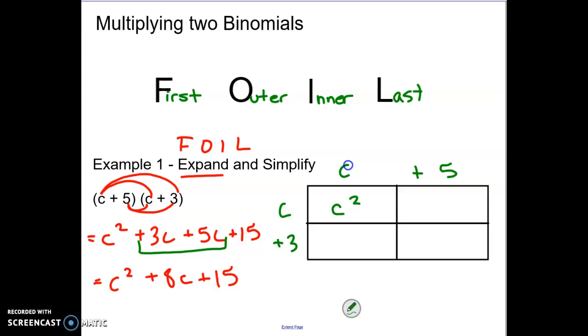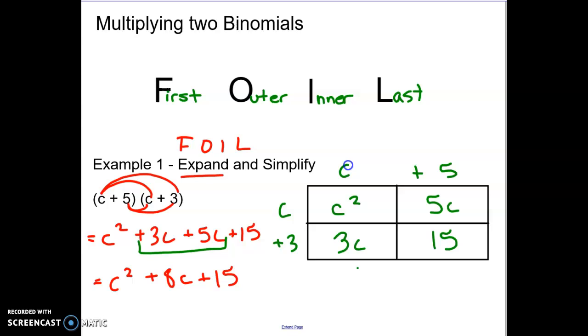The second box has a side length of 5 and a side length of c, so c times 5 would be 5c. The box down here would have a dimension of c and a dimension of 3, so 3 times c is 3c. And our final box has a dimension of 3 and a dimension of 5, so 3 times 5 is 15.